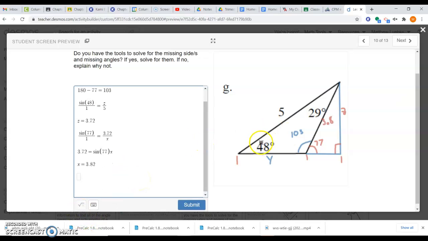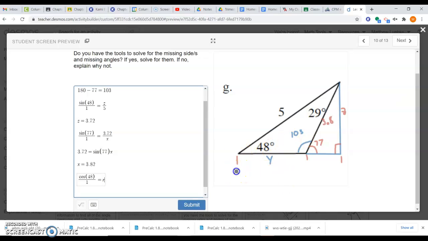The total distance here, this bottom part from here to here, is the adjacent, and 5 is the hypotenuse. So adjacent over hypotenuse tells me to do the cosine of 48 over 1, set that equal to the adjacent, which let's call that whole distance r.